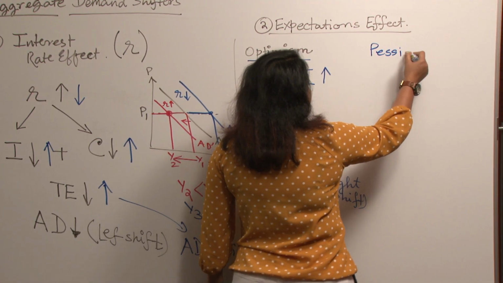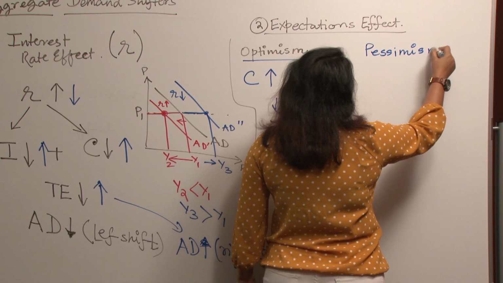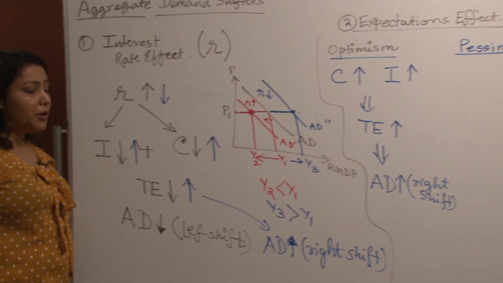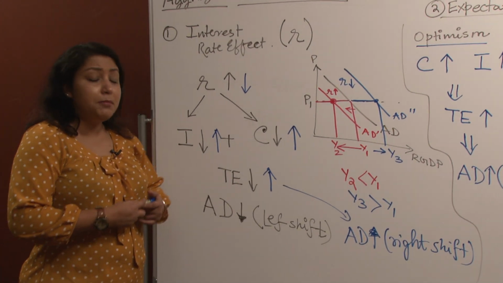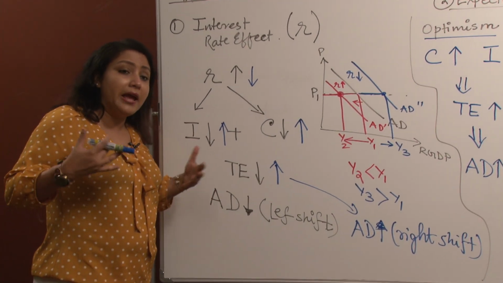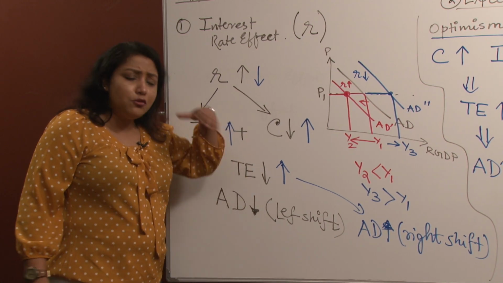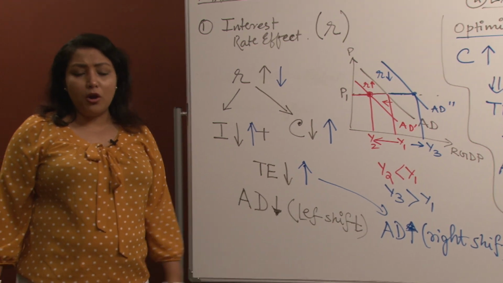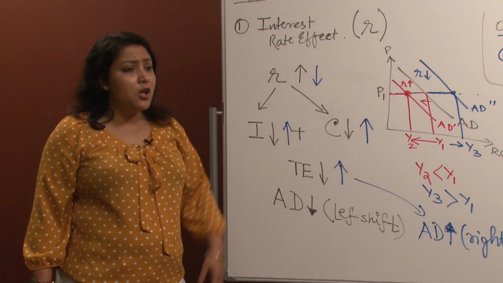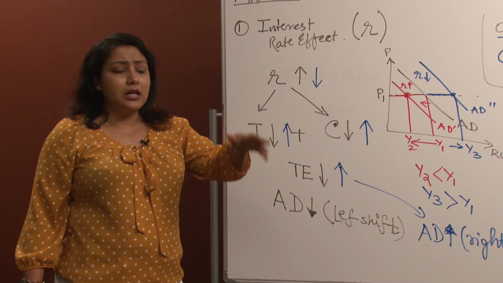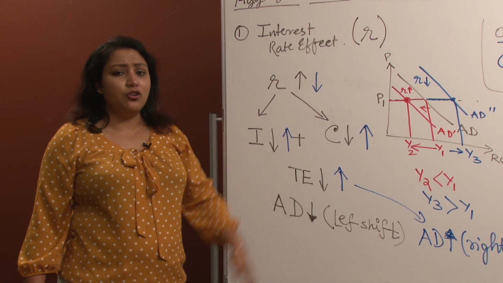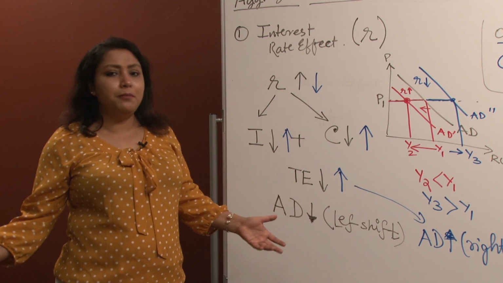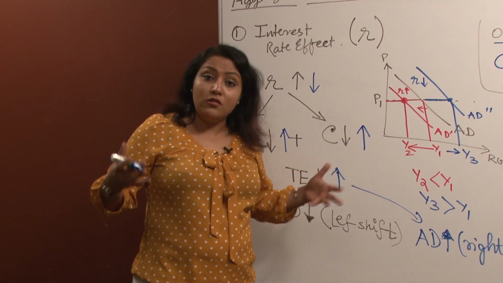Now, opposite would happen if there is an environment of pessimism. So, if there is some kind of crisis in the economy, and that crisis could once again be socio-political or economic crisis, but if people are not feeling positive, if they have a negative environment, so let's say there is rampant political corruption in the country, the government is not bringing policies that are helpful for business firms, or there is a lot of instability in the financial market, there is financial crisis, the stock market has collapsed, things like that do not make people in general very positive about their country.